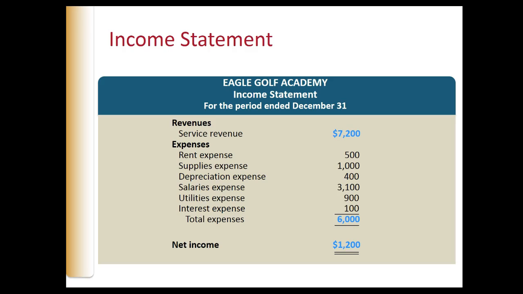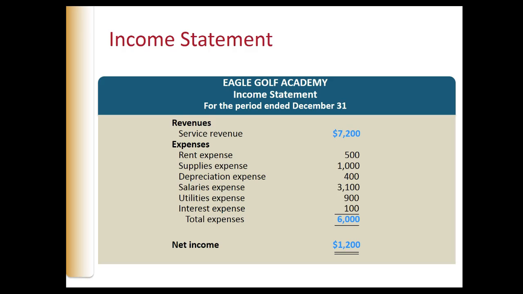This means that Eagle made a profit of $1,200 for the period. It's really important that you absorb these financial statements and understand what information is provided to the users for each of these statements.